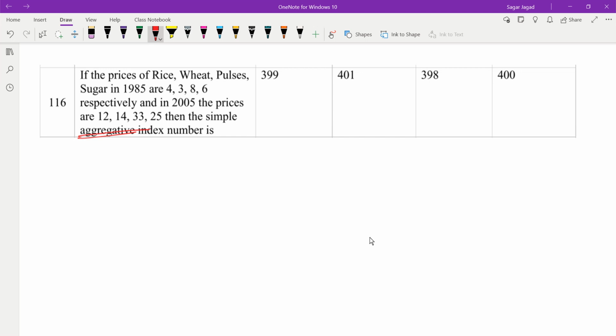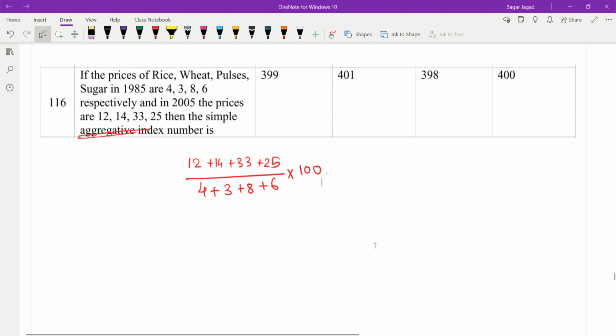So the prices in 2005 I am supposed to add in the numerator, divide this by the sum of the prices in the base year, and multiply it with 100. Whatever you get is your answer. I will leave it to you to calculate and pick one of the answers. It is really simple. You add the numbers in the numerator, add the numbers in the denominator, multiply by 100, and you get one of the correct answers.